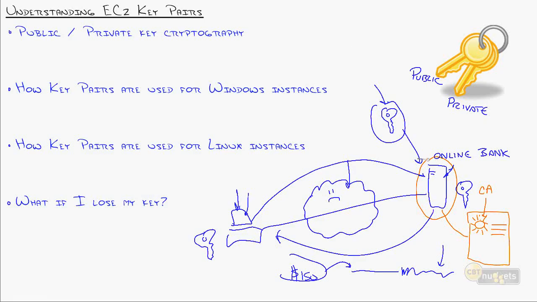Because it would be horrible if somebody pretended to be the Bank of Arizona. Matter of fact, that's called a phishing attack. When you get those emails where it's somebody pretending to be eBay or Amazon or something like that, it's a phishing email. It's somebody trying to pull the wool over your eyes to get you to type in values so they can compromise your data. So we need these certificate authorities on the internet that say, okay, this is really the real one.